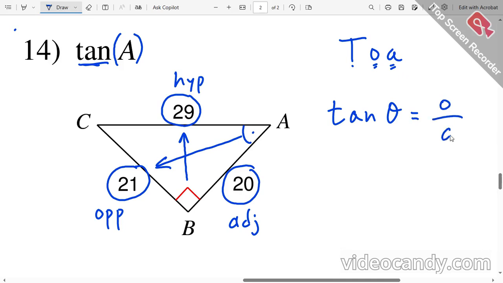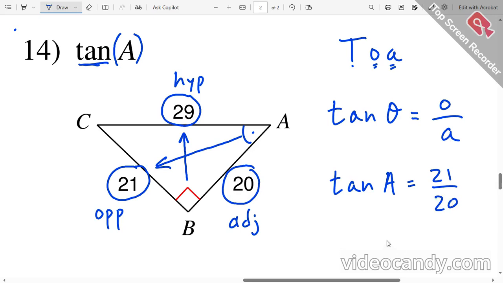O divided by A. We're doing the tan of angle A. So in place of the Greek letter theta, write the angle A. Opposite is 21. Adjacent is 20.